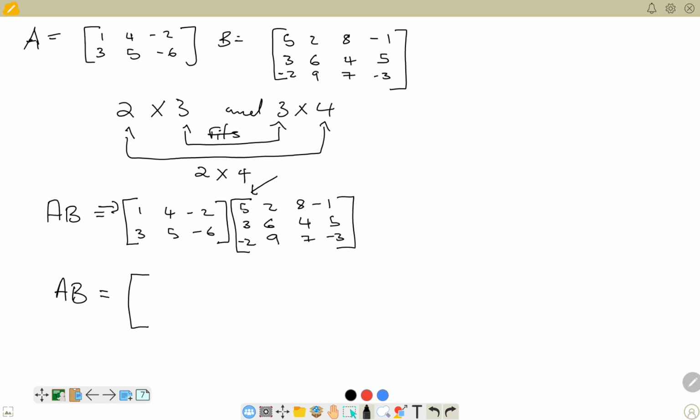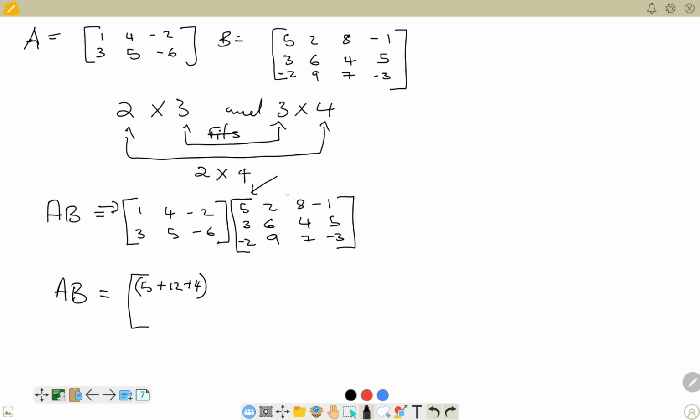So 1 times 5, it's 5. Let's put this in brackets, and we know that we stop adding only when we are done multiplying throughout that row. So 4 times 3 is 12, so it's going to be plus 12. Negative 2 times negative 2 is plus 4.